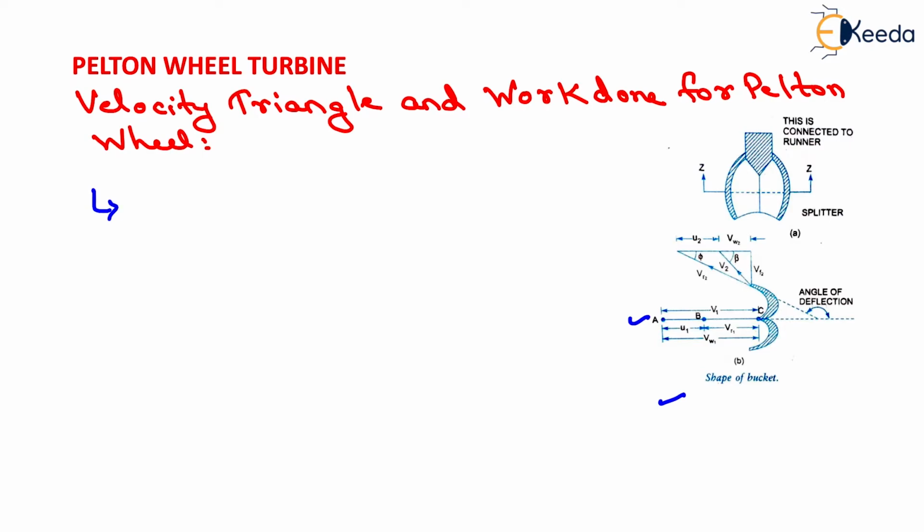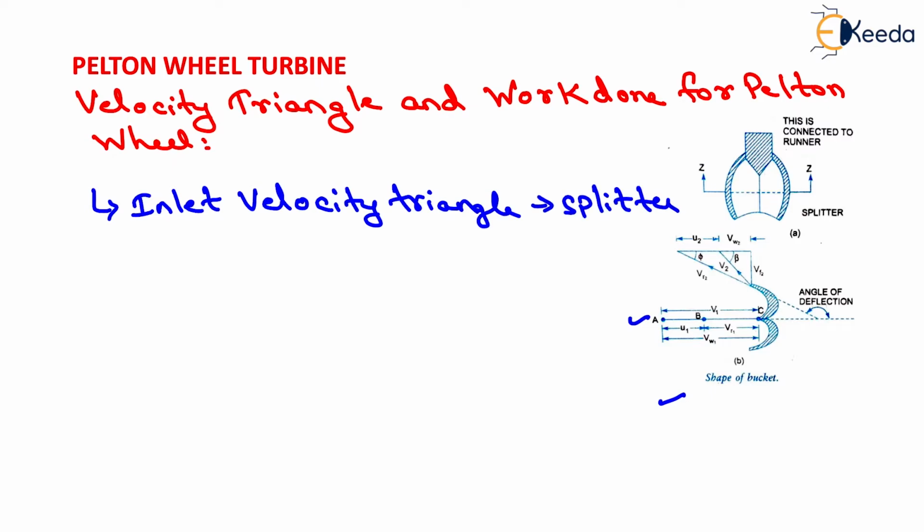Now the inlet velocity triangle is drawn at the splitter and the outlet velocity triangle is drawn at the outer edge of the bucket.